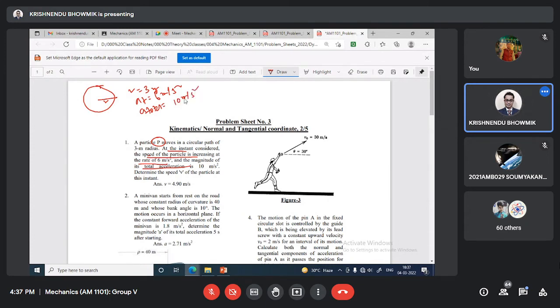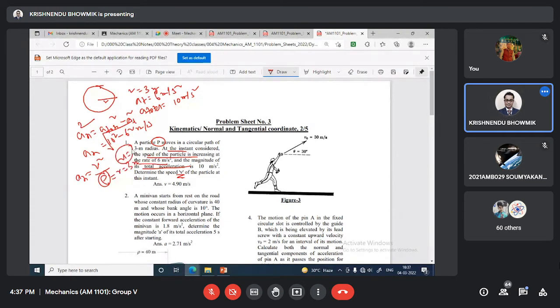So AN will be the square root of A total square minus AT square, that is 10 square minus 6 square, which gives some value in meter per second square. Now we are asked to determine the speed of the particle. AN equals V square by rho, where rho is the radius of the circular path, R equal to 3 meters.